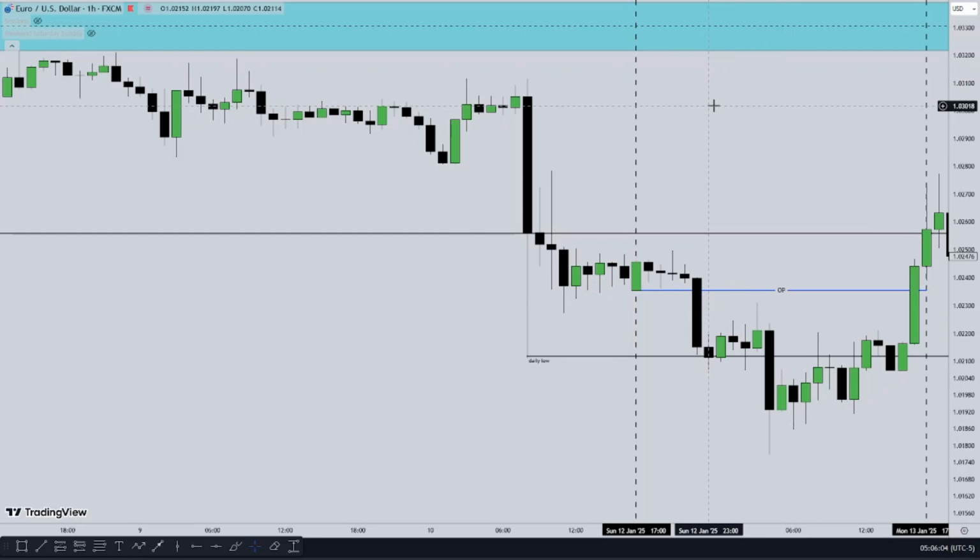On this 1 hour time frame, you are looking for a reference point below the equilibrium price, below the 50% level. The reason is that you're looking for a reference point for price to trade into a fair value gap, a discount fair value gap, because at that moment, price is trading to a discount.